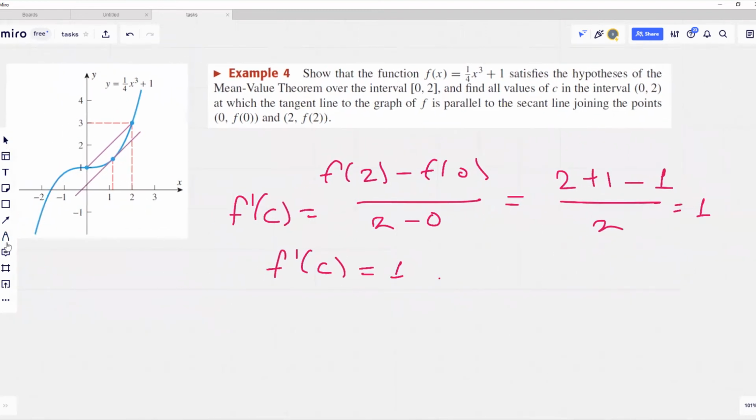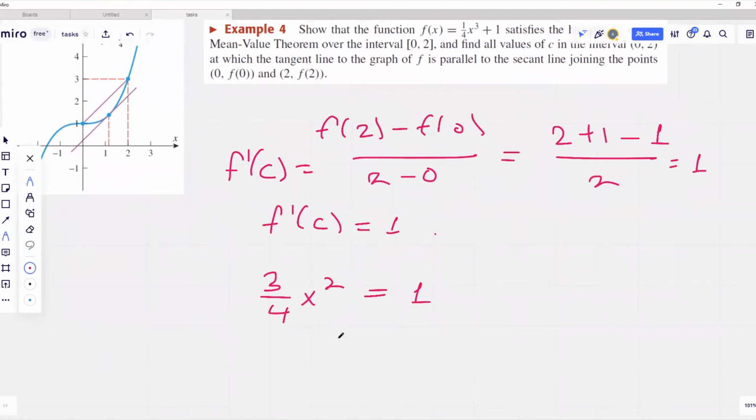So first, let's find the derivative of our function. The derivative of our function is then given as 3 over 4 x squared. We equate it to 1. So the solution to that is x equal to plus minus root of 4 over 3.